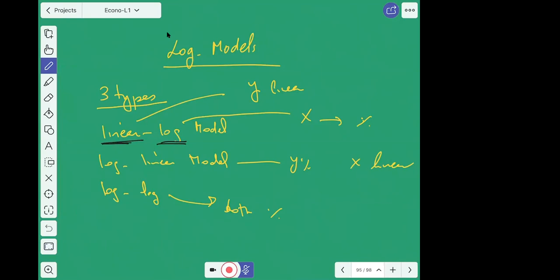So either y is linear and x is in log, y is log and x is linear, or both are in log. We said last time that log models are used if you want to talk about percentages, rather than just using dollars and cents and miles and so on.